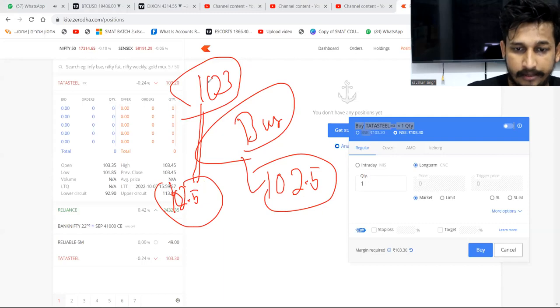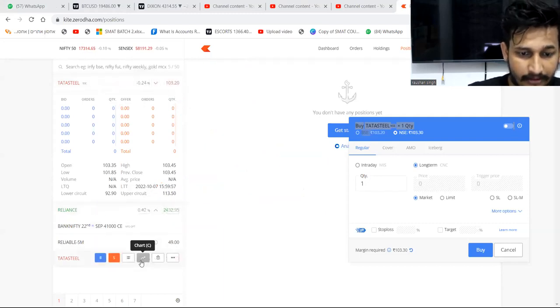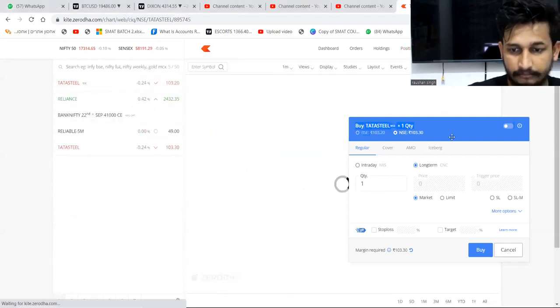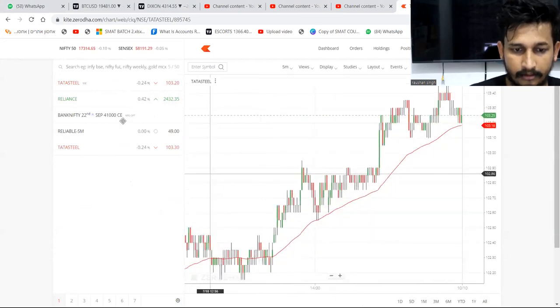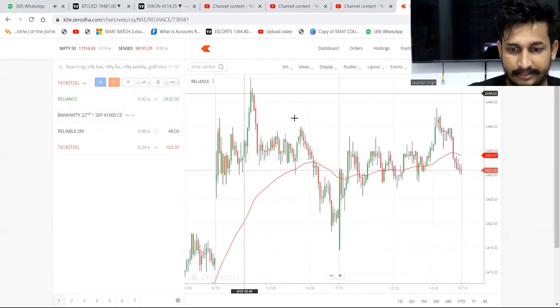Let me open the chart of this one. Yeah, let's go for Reliance itself.